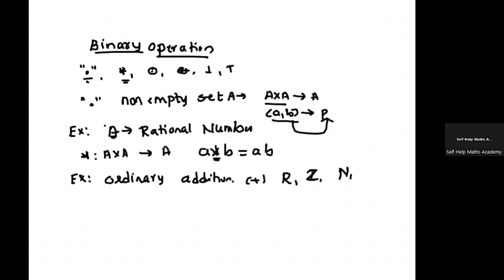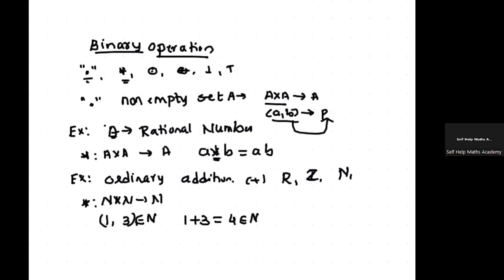For example, I'm taking a binary operation on the set, that is N cross N to N, where this star is nothing but the ordinary addition. So if I take an element, say (1, 3), which belongs to the natural number set, so the ordered pair belongs to N cross N. When I take the addition of these two numbers, 1 plus 3, this gives me 4, which is again a natural number.